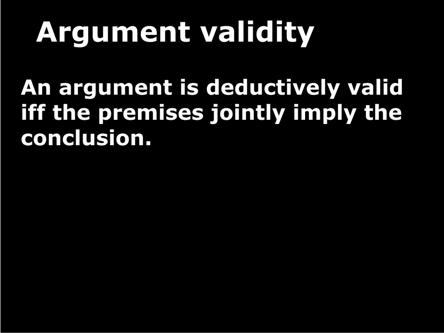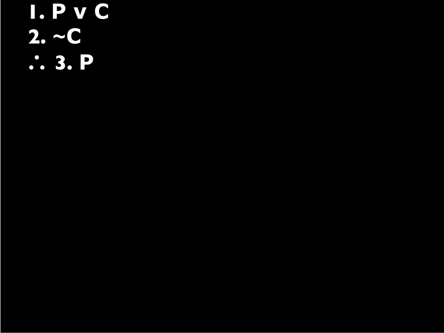The definition in Chapter 1 was an argument is valid if it's not possible for all the premises to be true and the conclusion false. And now I'm saying an argument's valid if the premises jointly imply the conclusion. Isn't that a different definition? No, it's not. And you'll see why in just a second, especially when we get an example up.